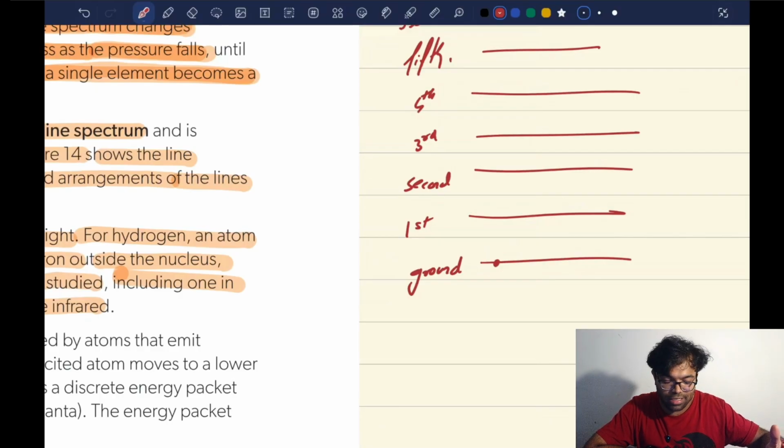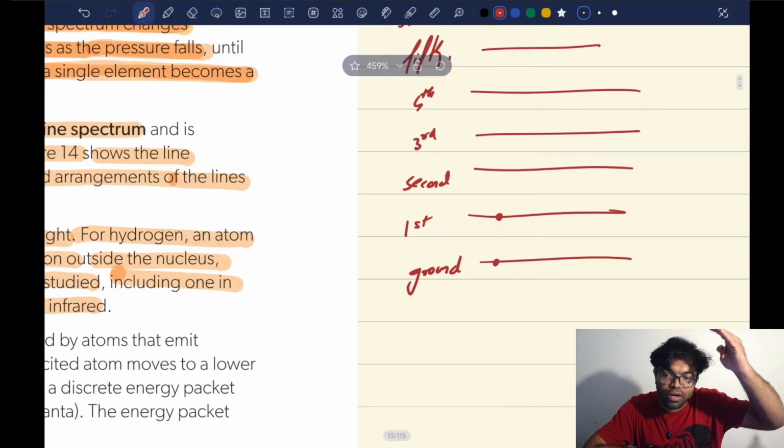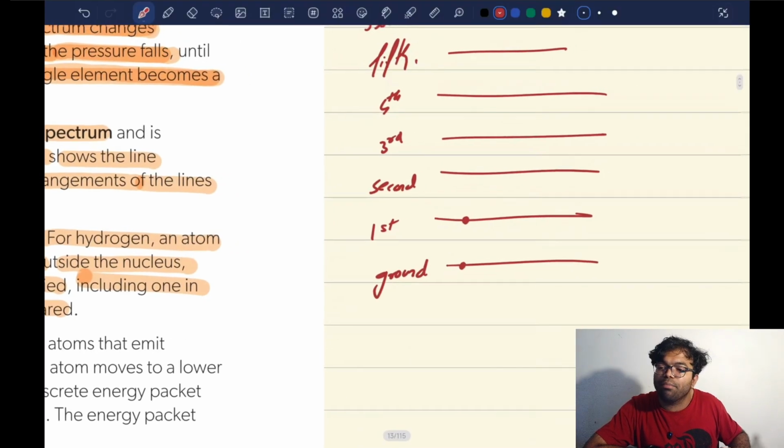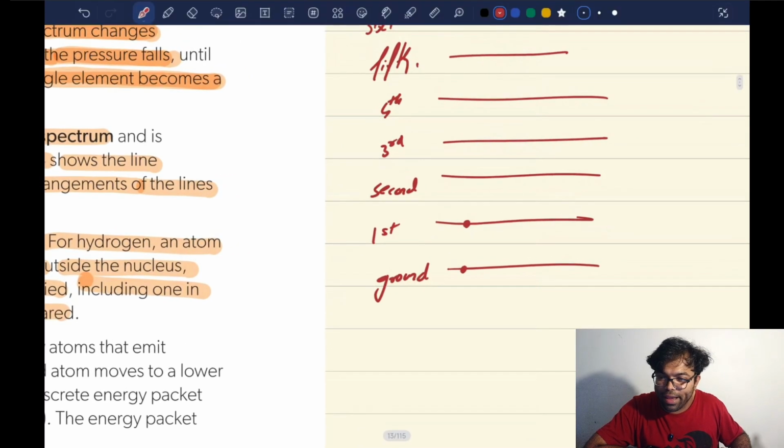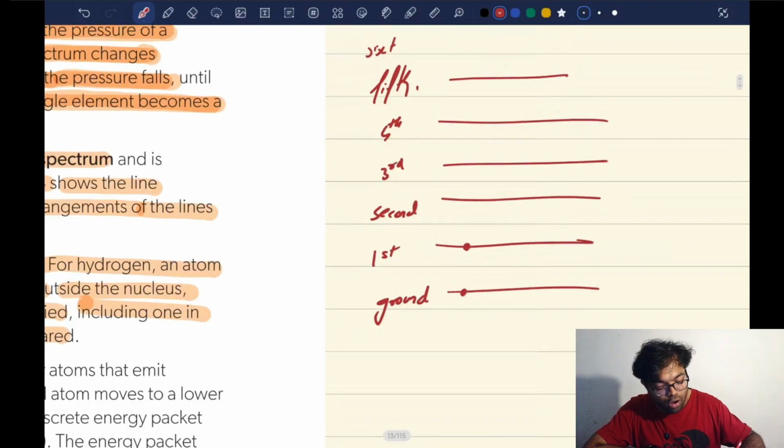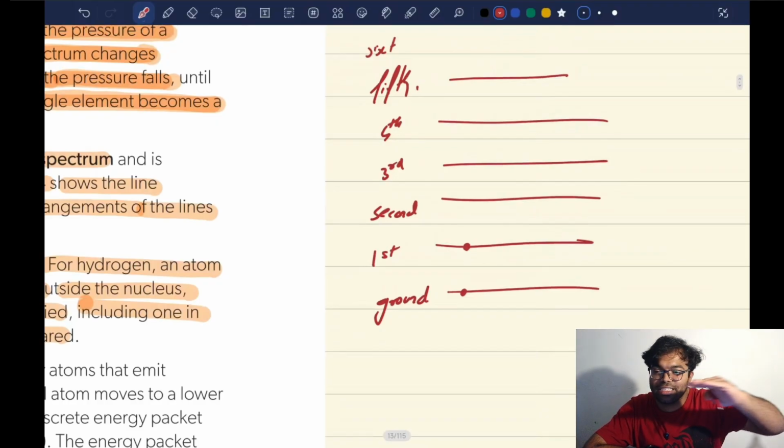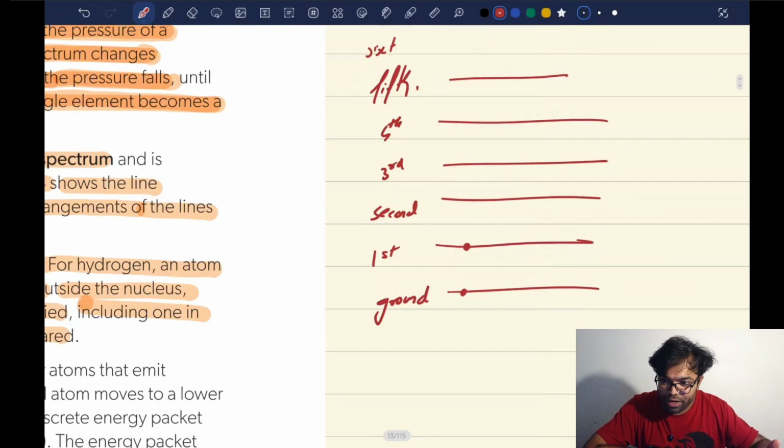If an excited electron falls onto the first excited state, it is called the Balmer series, and it releases light in the visible spectrum. If it falls onto the second excited state, it's called Paschen. Then the fourth becomes Brackett, the fifth becomes Pfund, and the sixth becomes Humphreys.